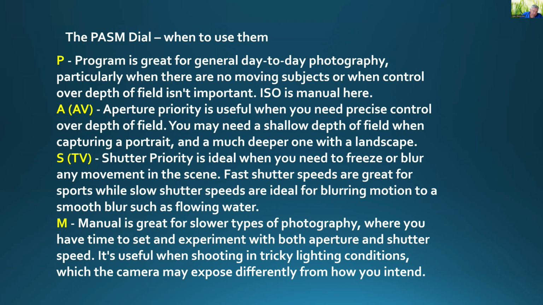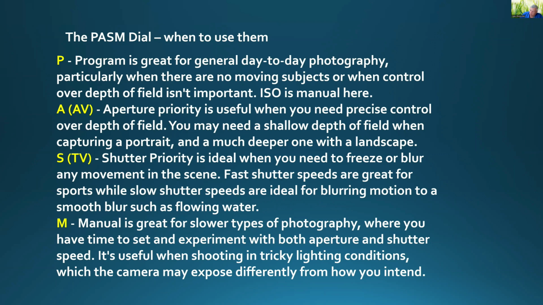So if you're taking a portrait of somebody or of something where that's your subject and you want to blur something, you go to a faster aperture, which is a lower number, so like an f 1.4 or 1.8 or something like that.